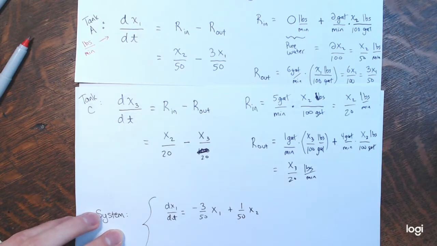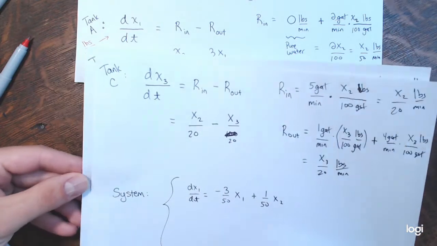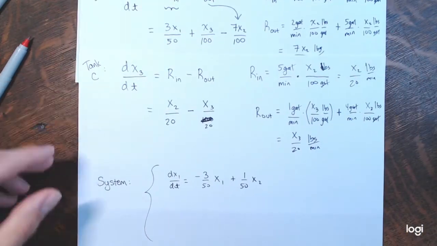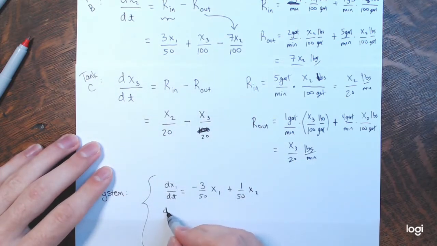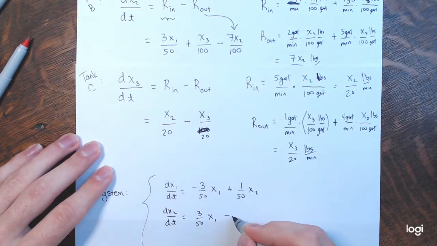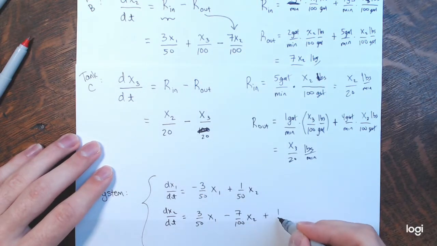Then my second equation from tank B is dx2/dt, positive 3/50 times x1 minus 7/100 times x2 plus 1/100 times x3.